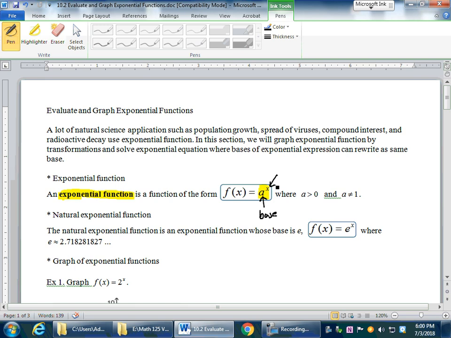Another one that you want to look at is the natural exponential function. Natural exponential functions are basically the same thing, but the base is a specific base. This time you can see that the base is e. This natural exponential function is mostly used in application growth and continuous compound interest.